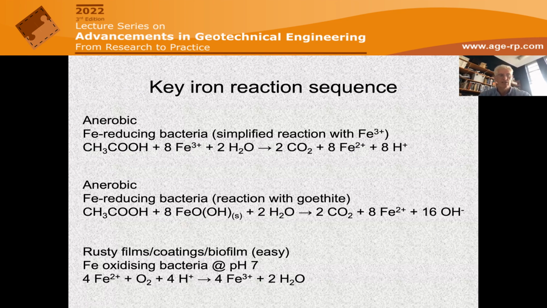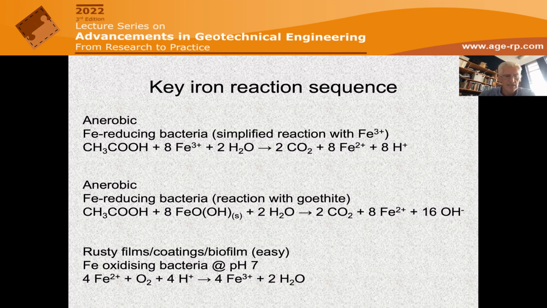The more likely reaction, though, is the one involving goethite. So we've got a simplified organic acid there, and we're taking our iron oxide solid, and using the iron as the electron acceptor, we're producing iron 2. And so we've got a link between iron 3 to iron 2 to dissolve the iron oxide.